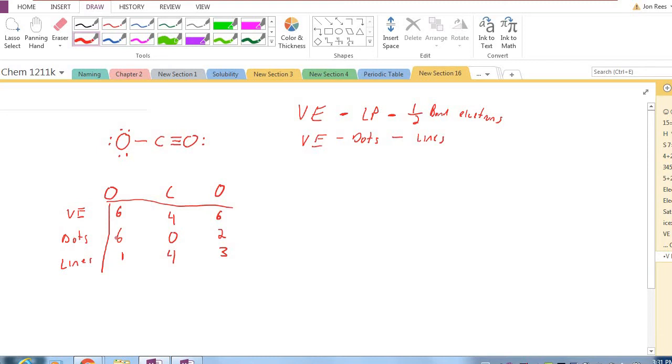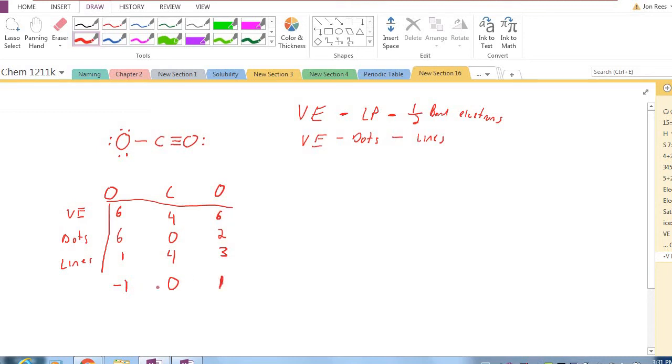And so let's do the math there. 6 minus 6 minus 1 is -1, which is the formal charge on that oxygen. 4 minus 0 minus 4 is 0. And then 6 minus 2 minus 3 is 1.